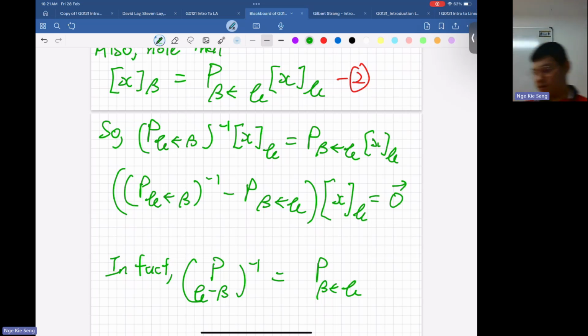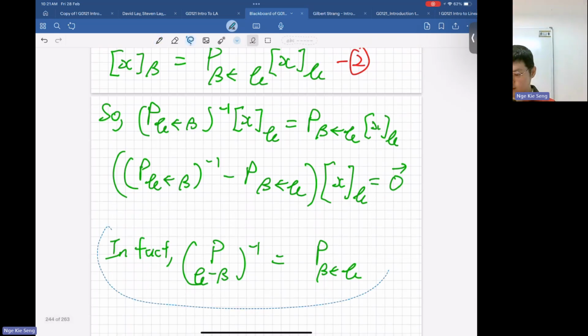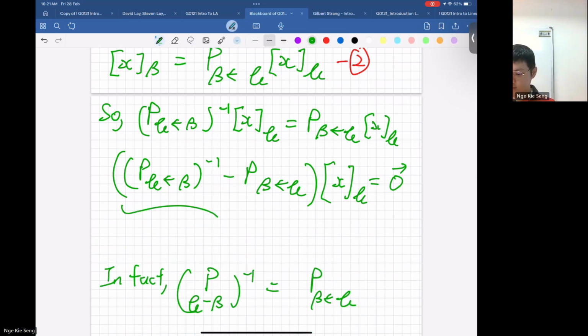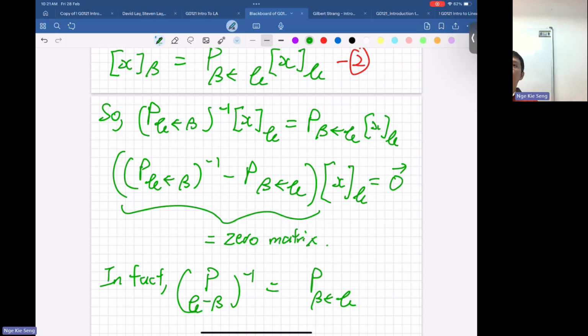So this implies that this difference must be the 0 matrix, because this equation has to be true for all x.